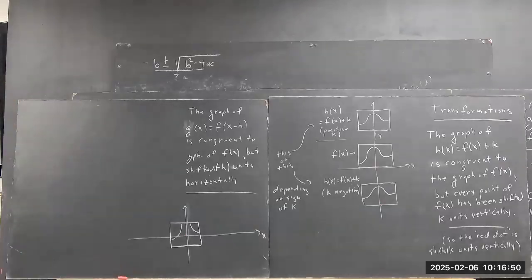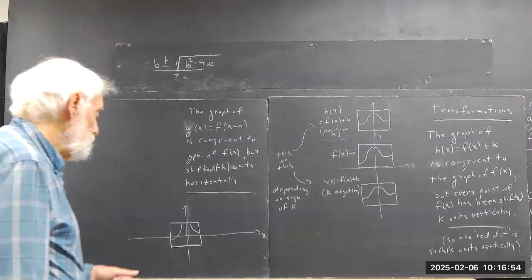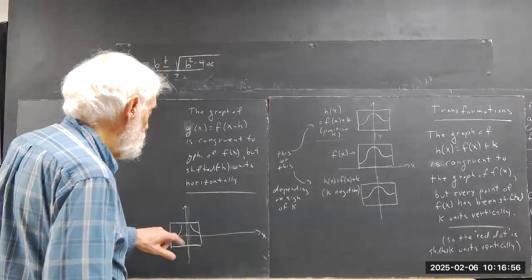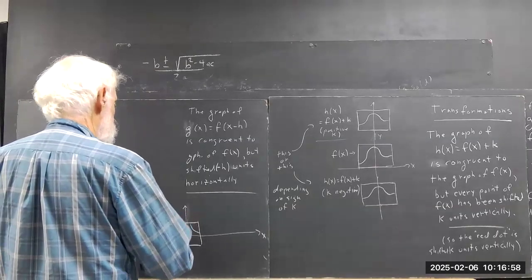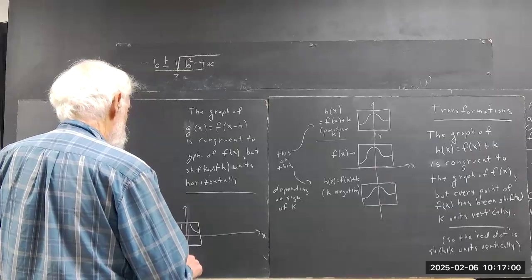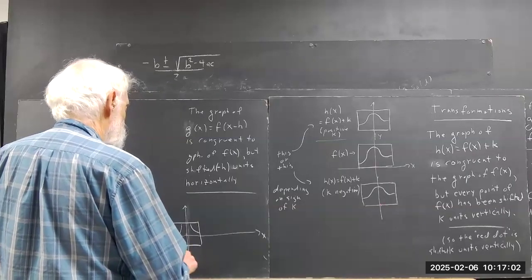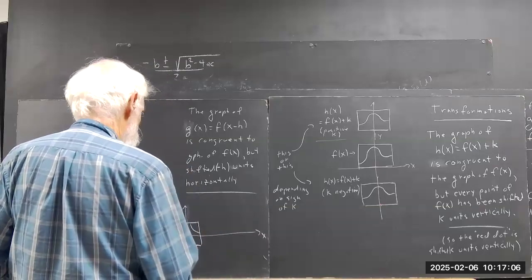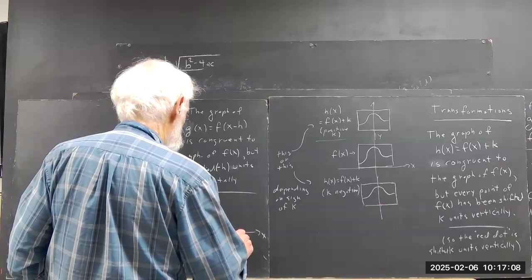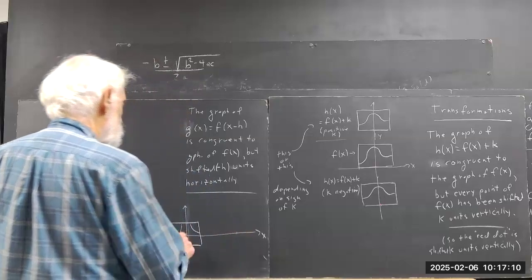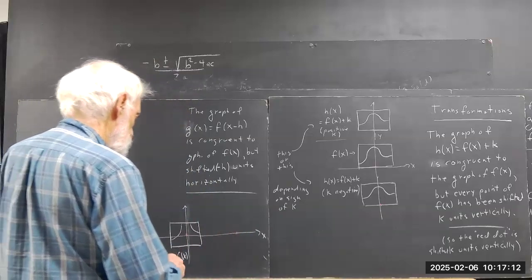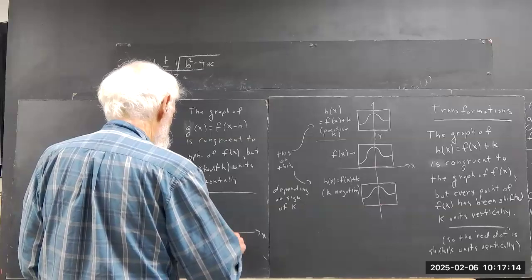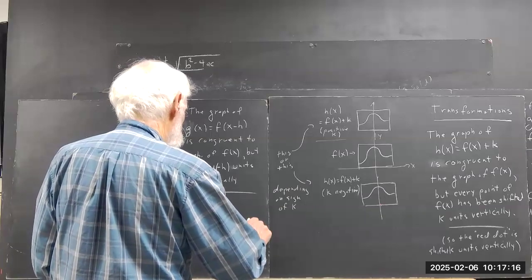Here's your x-axis, right? So this graph of f of x could shift over here to the right. Just think the red dot is the middle of your rectangle, the window that you're looking at.